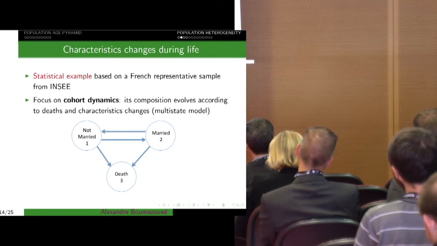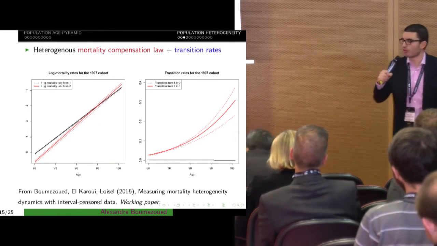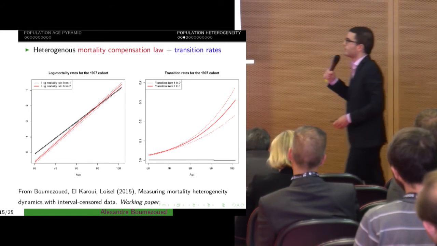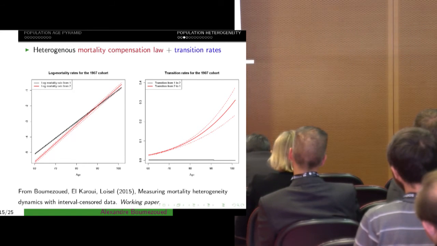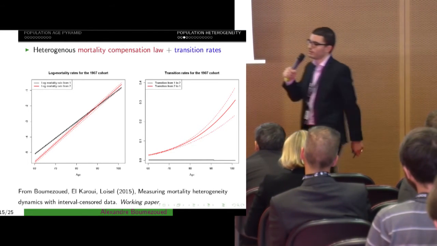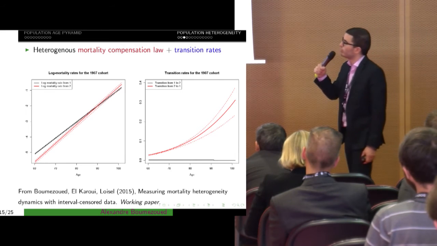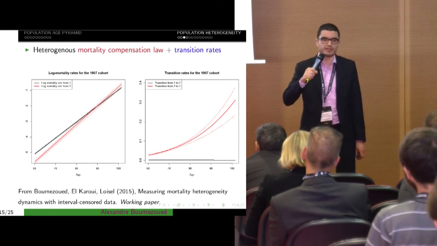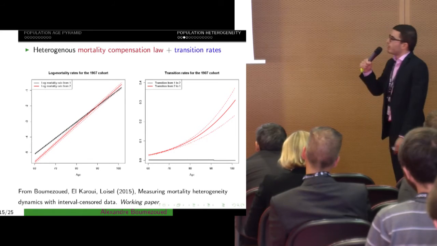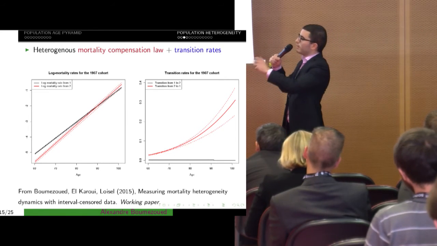So we did some estimation on a representative sample of the French population. I won't go into details. The main fact is that the data is interval censored, meaning that there are censuses, and between censuses, individuals are not observed. But I just wanted to show you the result for such a simple multi-state model. On the right, you have transition intensities between intermediate states.